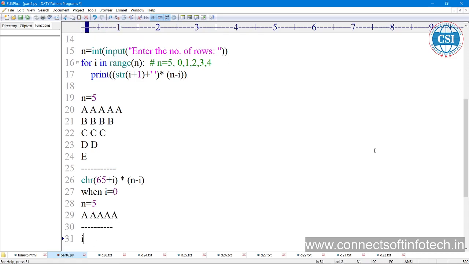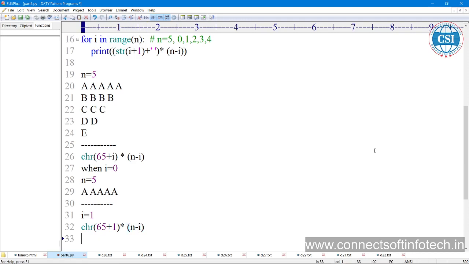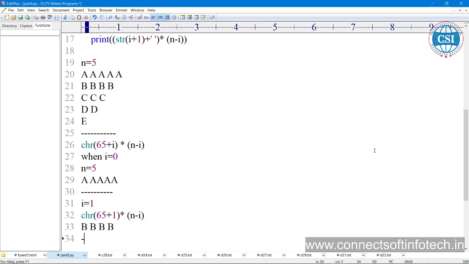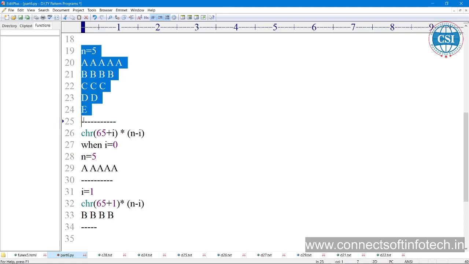Then i becomes 1. Now chr of 65 plus 1 is 66, which letter is that? B. Then 5 minus 1 is 4, so B will be printed 4 times, and so on. Yes, perfect. This logic is working. This is the logic.